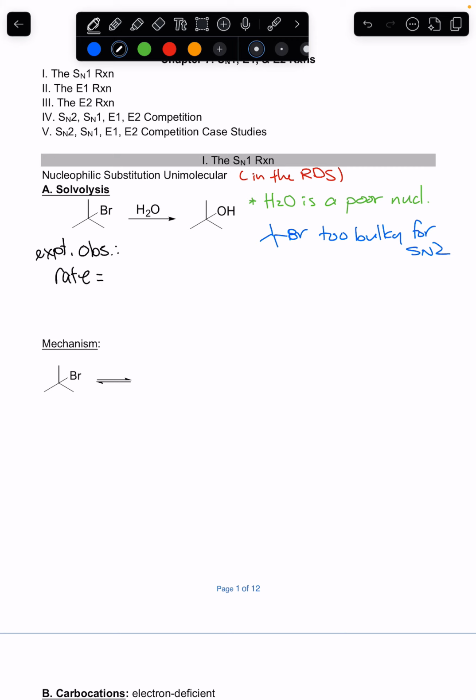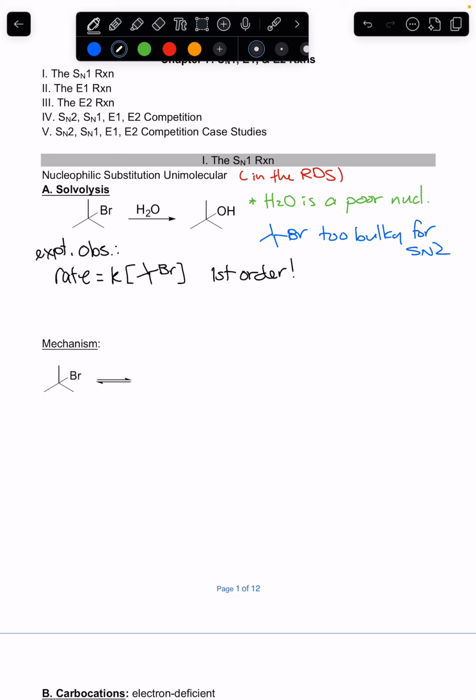The kinetics, or the reaction rate, is dependent on some constant times the concentration of the leaving group substrate, but not any nucleophilic compound. It depends on just this one compound. The rate does. So it's a first order reaction.